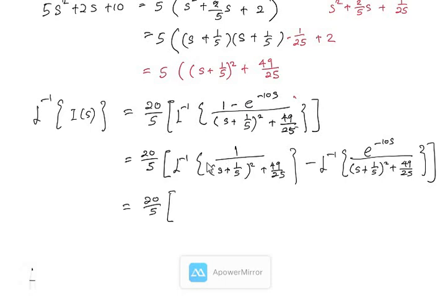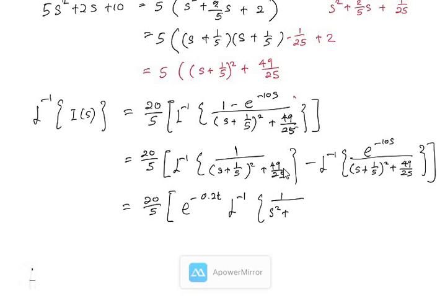So for this one, for the inverse Laplace transform of this one, we can have the exponential. This is based on the table of Laplace transform. So you can have e^(-0.2t) and then the inverse Laplace transform, and we are left with s squared plus... can we take the square root of this one? If we take the square root, this is like a form of sine.